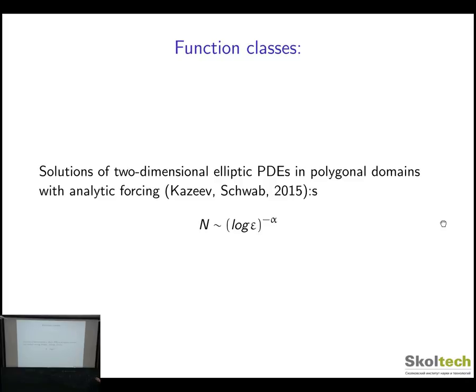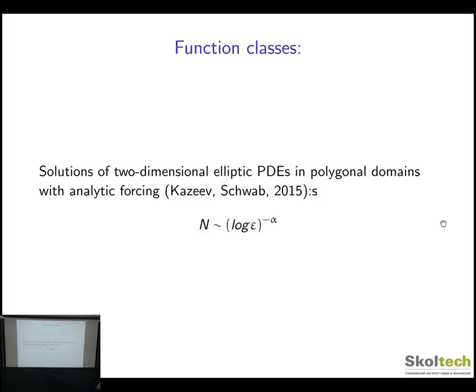But still, there is a wonderful paper by Kazeev and Schwab in 2015. Maybe Vladimir comes, and I give a reference to his wonderful result. Well, maybe it's not so understandably written, but it's fully mathematically correct. If you put it down to a specific statement: this representation has parameters.